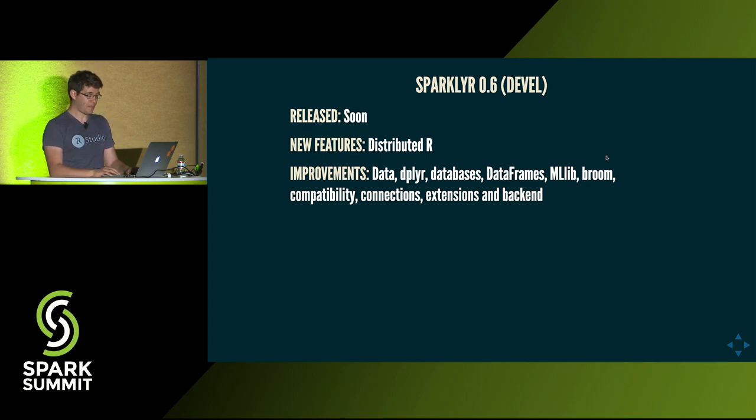One of the biggest features that is currently missing for Sparklyr, or at least that was missing in 0.5, is the ability to execute arbitrary code. And by arbitrary code, I mean arbitrary R code. That's one of the features that we're working on for the current release, which is in development.